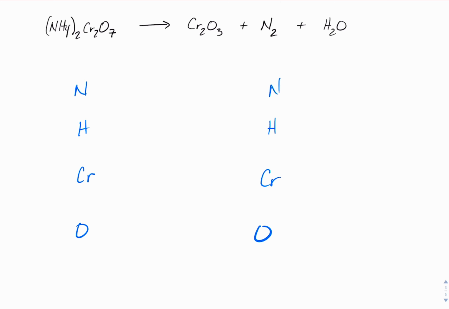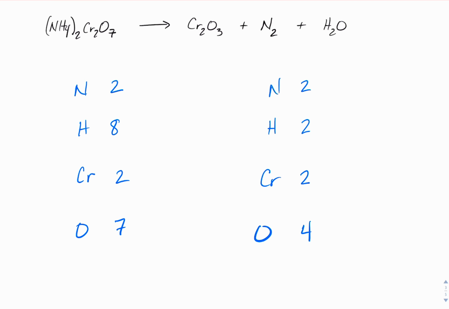On the left, there are 2 nitrogens, a total of 8 hydrogens, 2 chromium, and 7 oxygen. And on the right-hand side, there's 2 nitrogen, 2 hydrogens, 2 chromium, and a total of 4 oxygens. So again, try to start with oxygens and hydrogens last if at all possible.